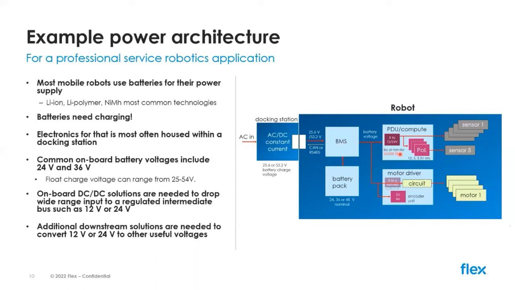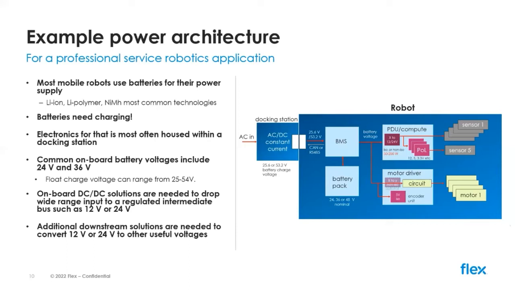In terms of the architecture on board, more often than not, this wide input voltage range is converted to a more stable, regulated intermediate bus voltage. That intermediate bus voltage can be either 12 volts, very common I would say, or more and more now even 24 volts.